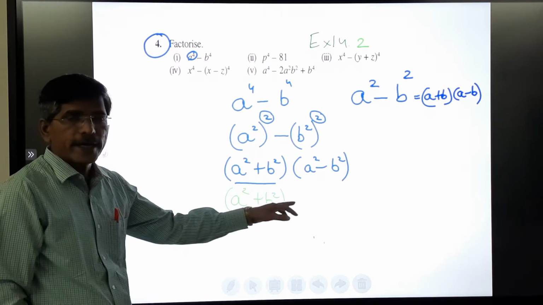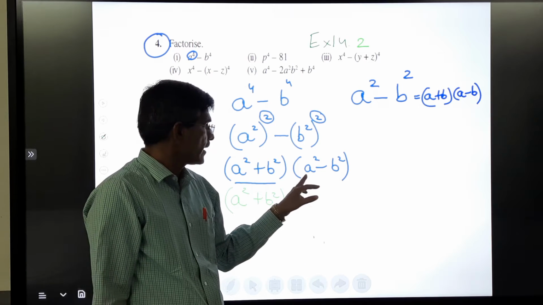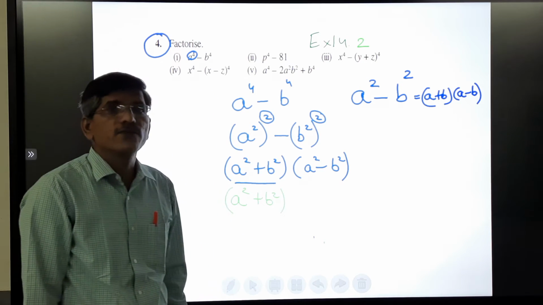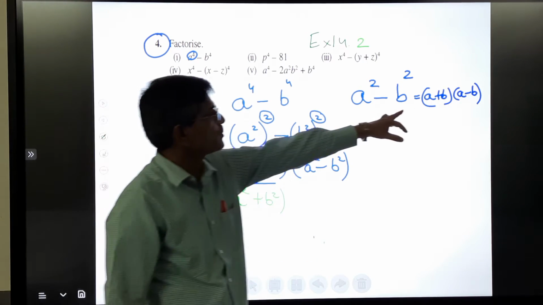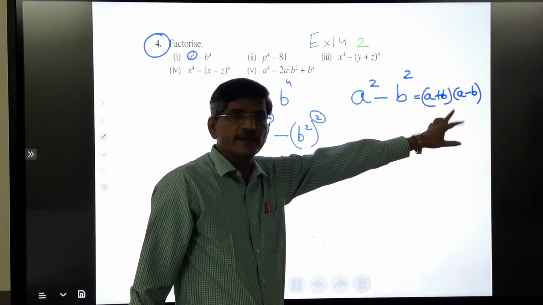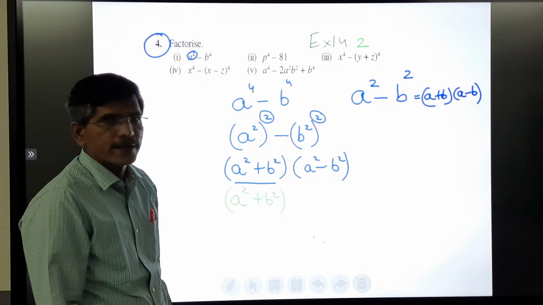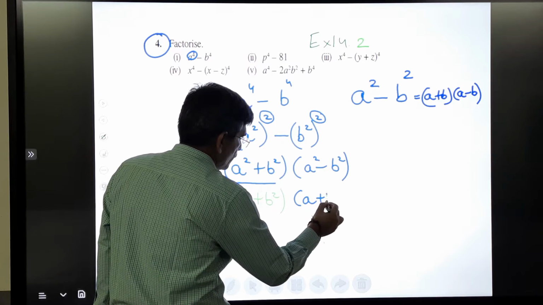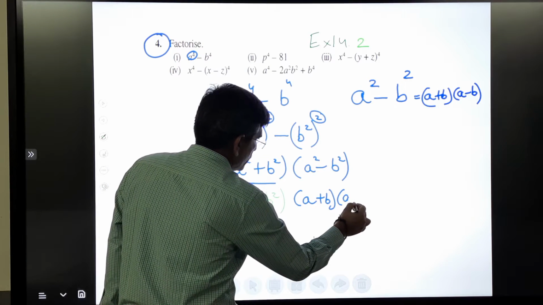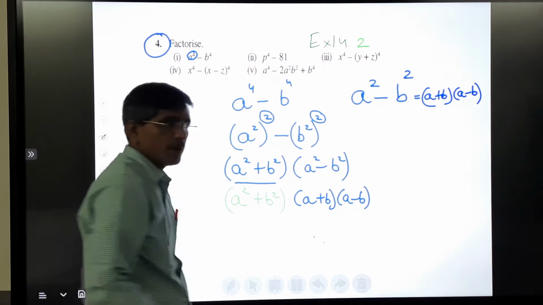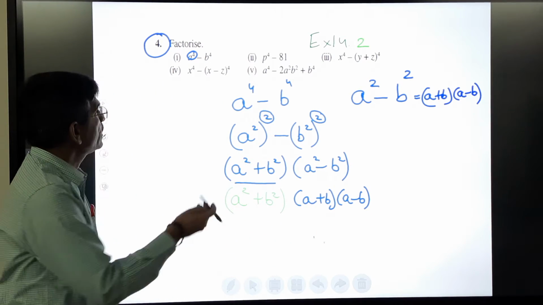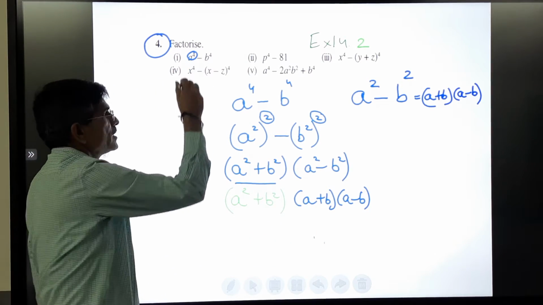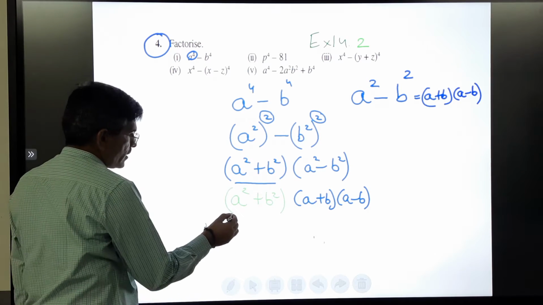But when a negative sign is there, a square minus b square, it is called difference of squares. Again we have to split it into two brackets, that is a plus b and a minus b. So I write it here, a plus b and a minus b. What we have to remember: when power 4 is there, a to the power 4 minus b to the power 4, the answer must be in 3 terms.